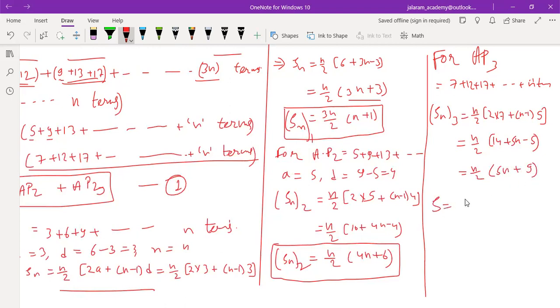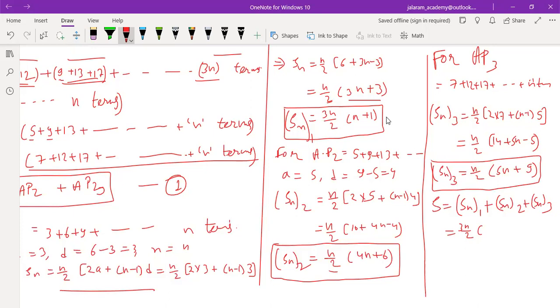And then the sum of all the APs: the sum of n terms of the first AP, the second AP and the third AP. Each contains n by 2, so instead of writing the separate lines, this n by 2 can be taken common between the three.